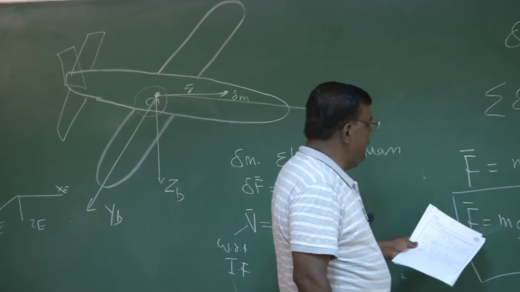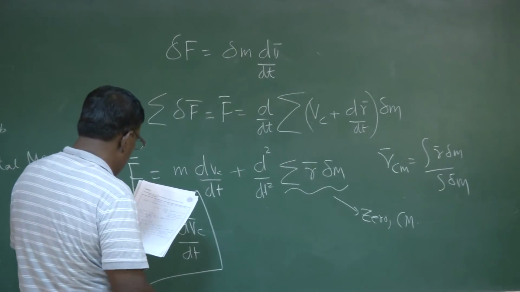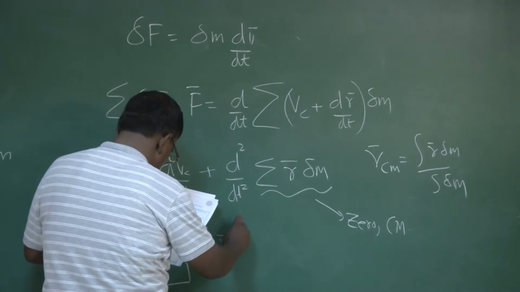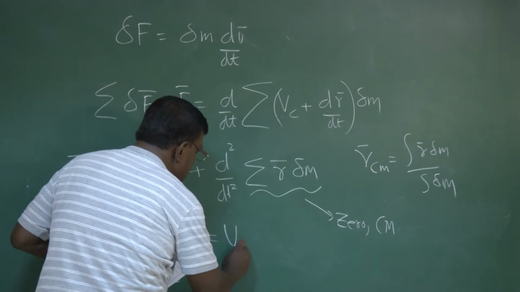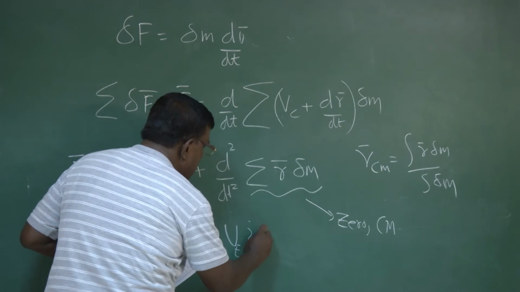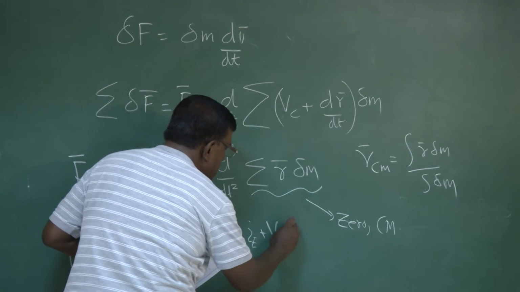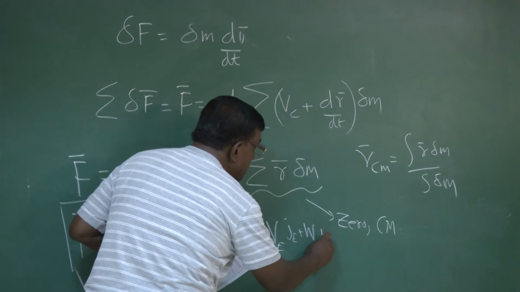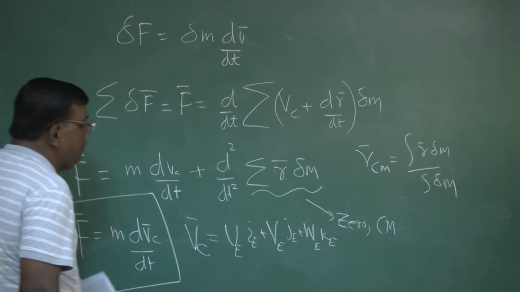When I write dVc by dt, and if I ask you what is Vc, for your understanding, so that you don't forget, when I write like this, what does it mean?